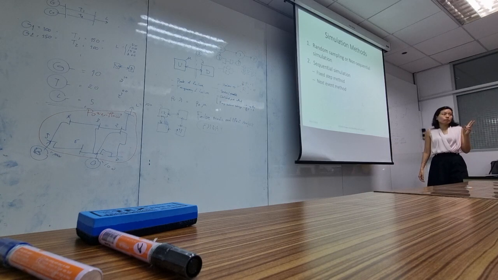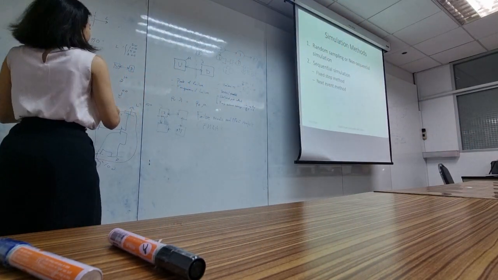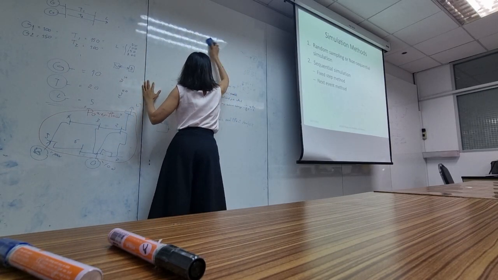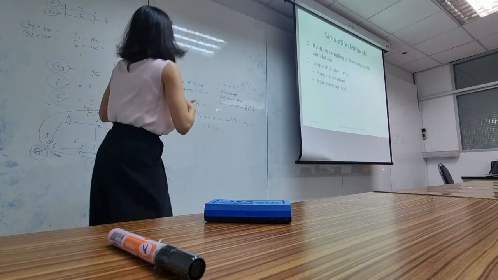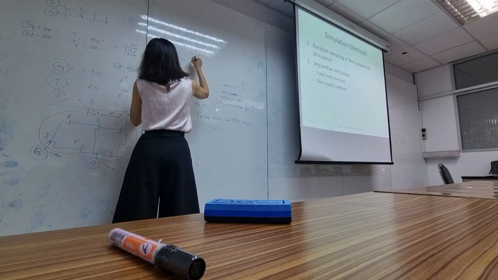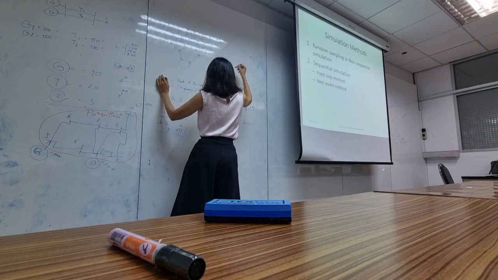There are two main simulation methods. The first one we call random sampling, or non-sequential, meaning that you sample from the probability. Remember that we have the discrete time and the continuous time model, right? So you have the transition probability, and then you also have the transition rates.